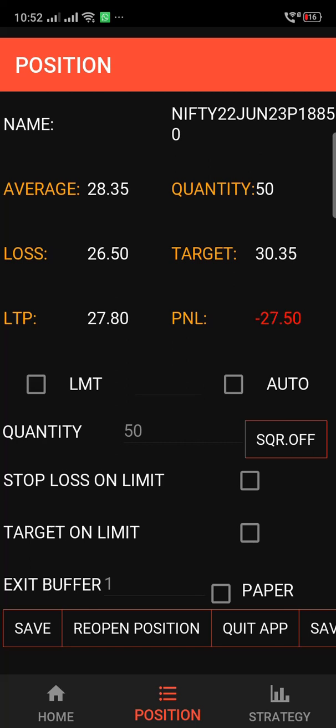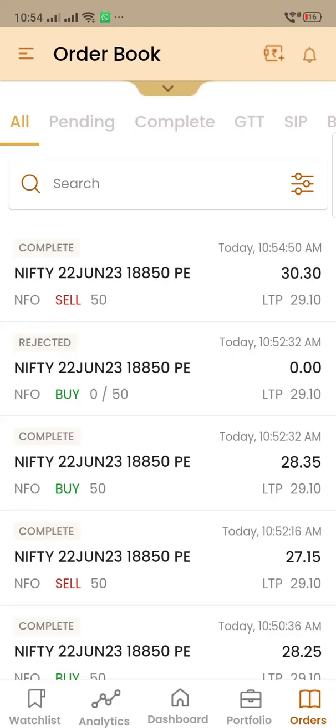You must enable SL and set the SL points for trailing SL to work. Okay, our target is reached and order is exited.